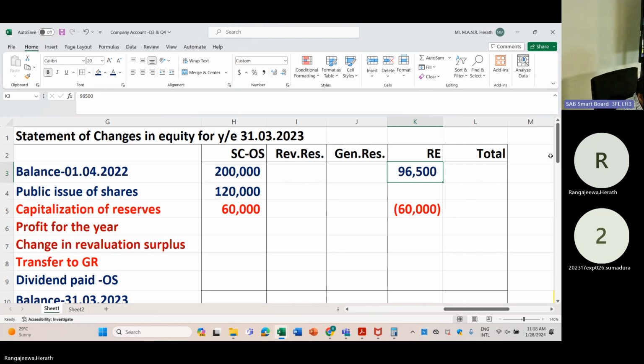Out of that, 60,000 is used to capitalize the reserve as a bonus issue. Retained earnings debit, stated capital credit. Okay.